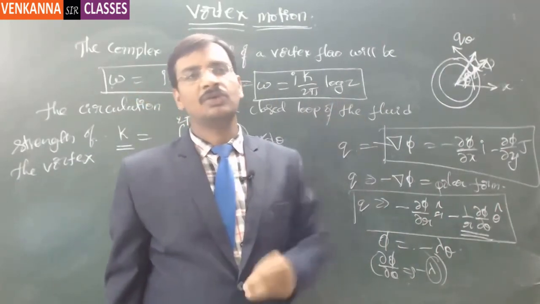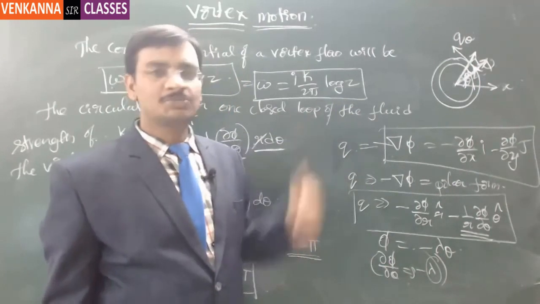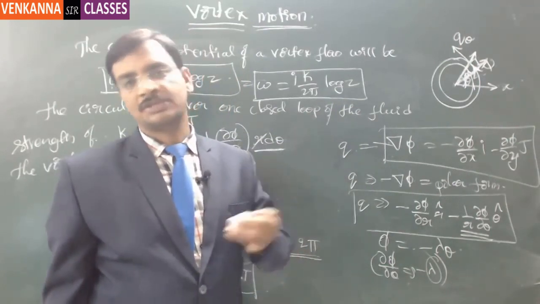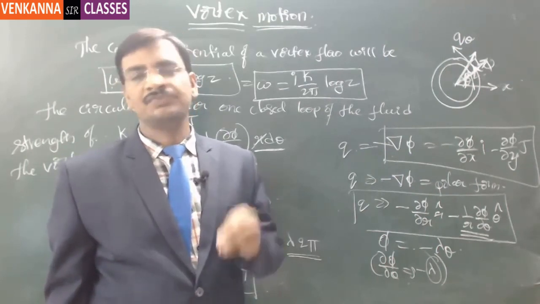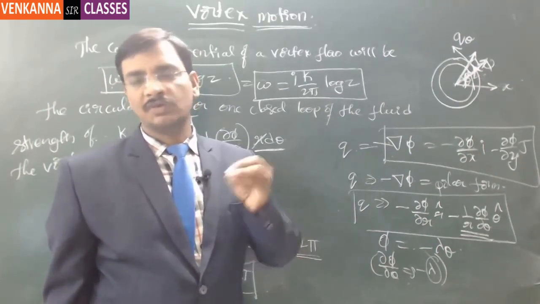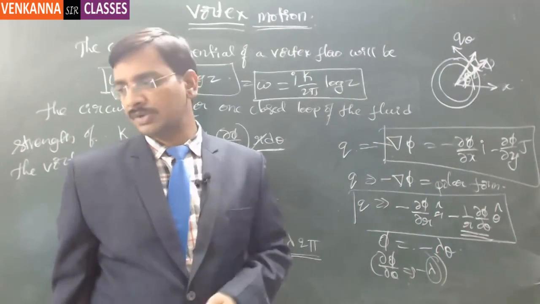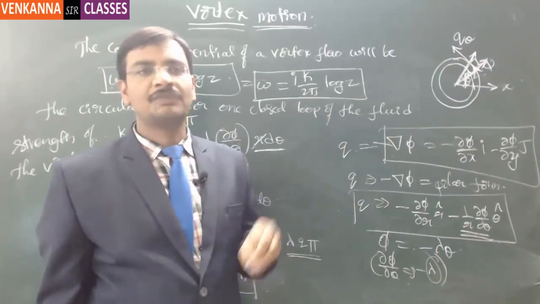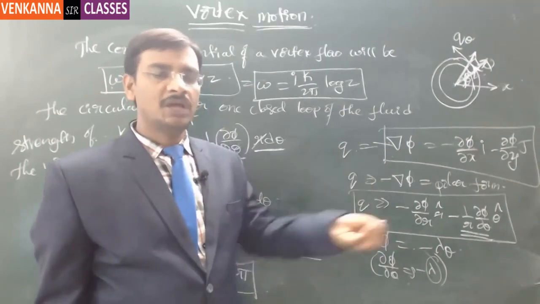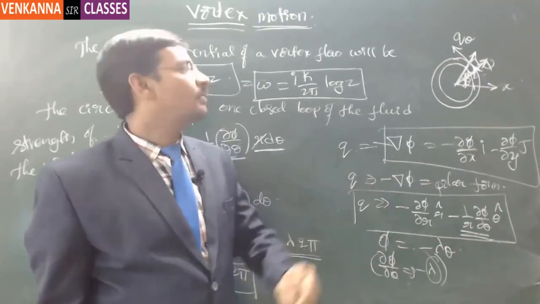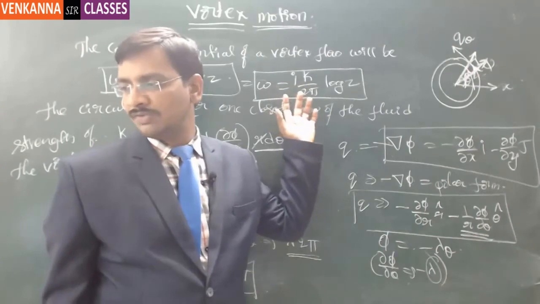In two-dimensional flow we dealt with the complex potential, which gives us complete information: the potential, the stream function and the velocity. Everything we will get to know, provided you know the complex potential. The complex potential of a linear flow we have already modeled. Now the same thing we are bringing into that format, the complex potential format.